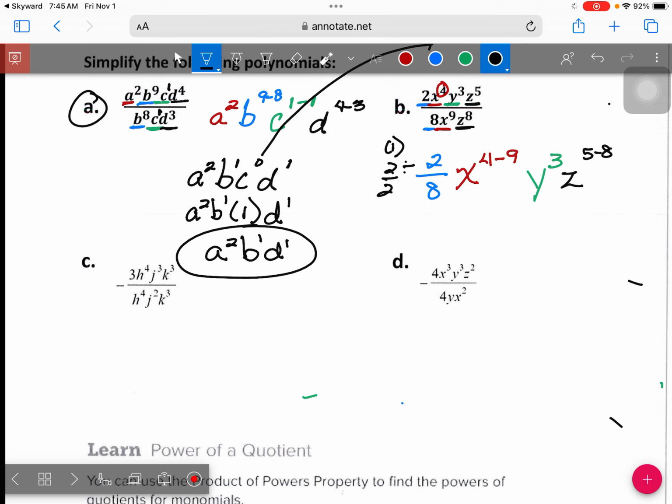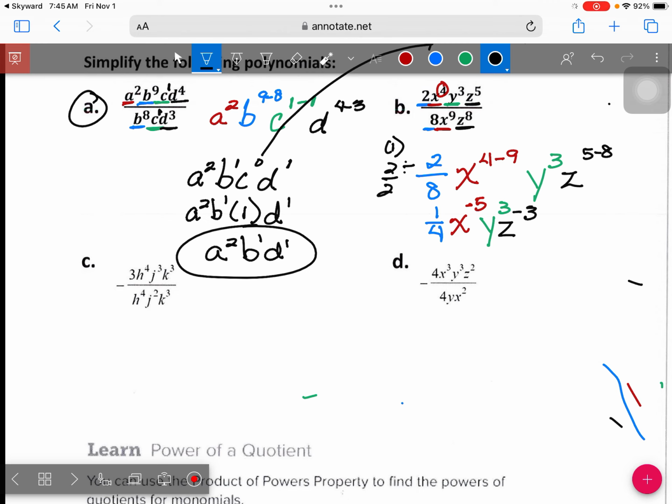That's going to give me 1/4. X to the 4 minus 9 is going to be x to the negative 5 power. And y to the 3rd stays the same. And z to the 5 minus 8 is going to be z to the negative 3rd power.